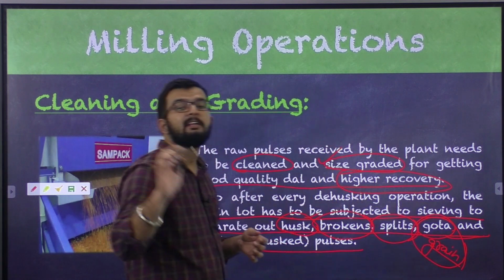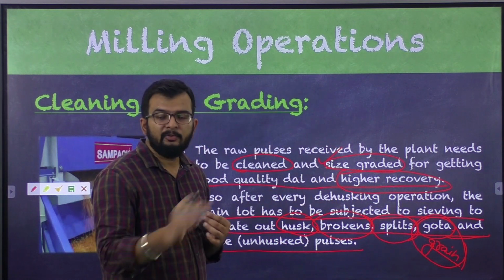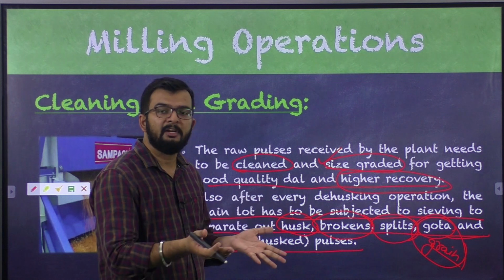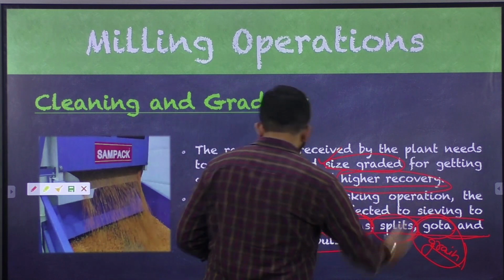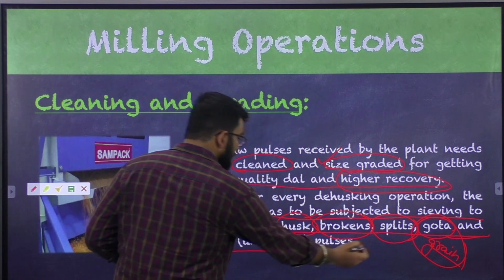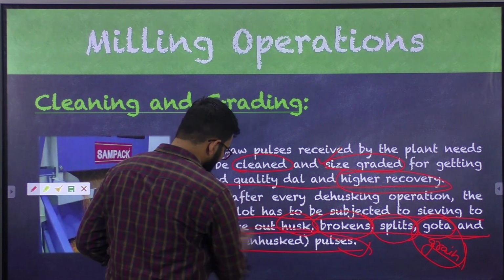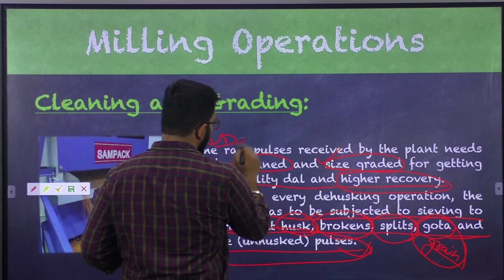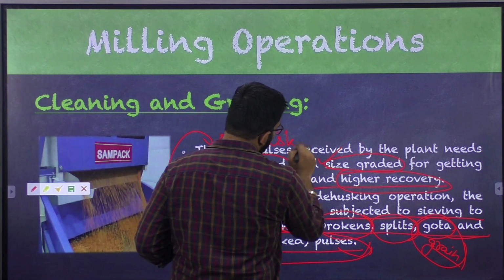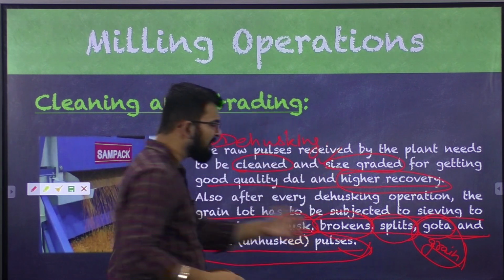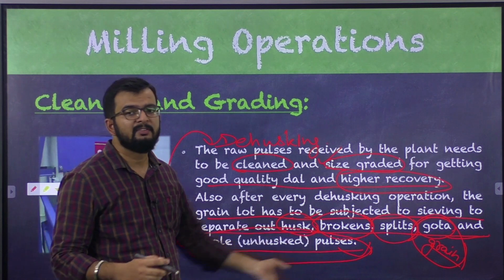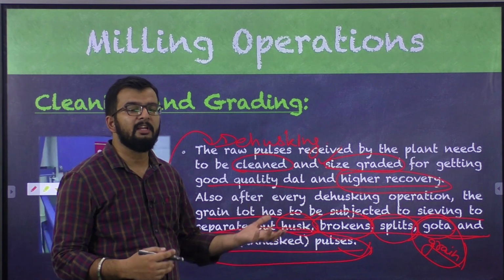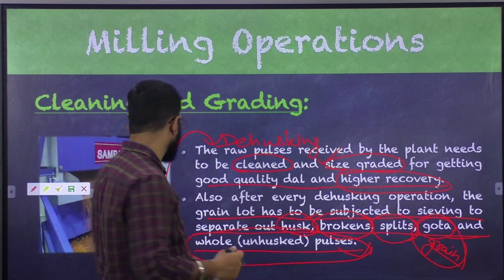This is your pulse after removal of hull which has not been split into cotyledons, that is your gota, okay. And the whole pulses can be sent again to the beginning for dehusking, okay. That is for higher recovery, otherwise this would have gone waste. For higher recovery you need to repeat the process, okay.